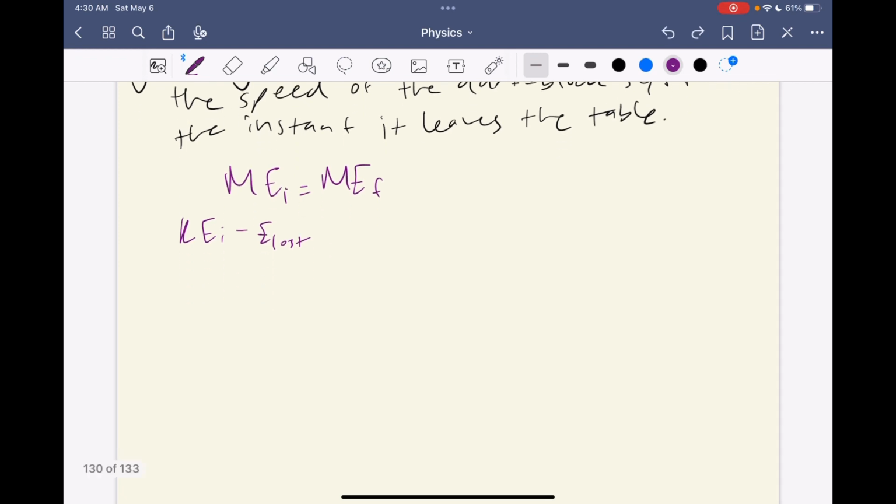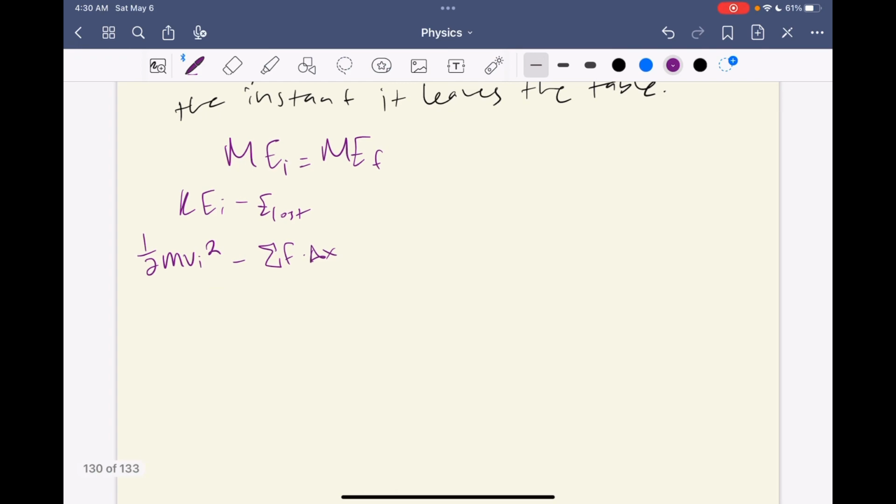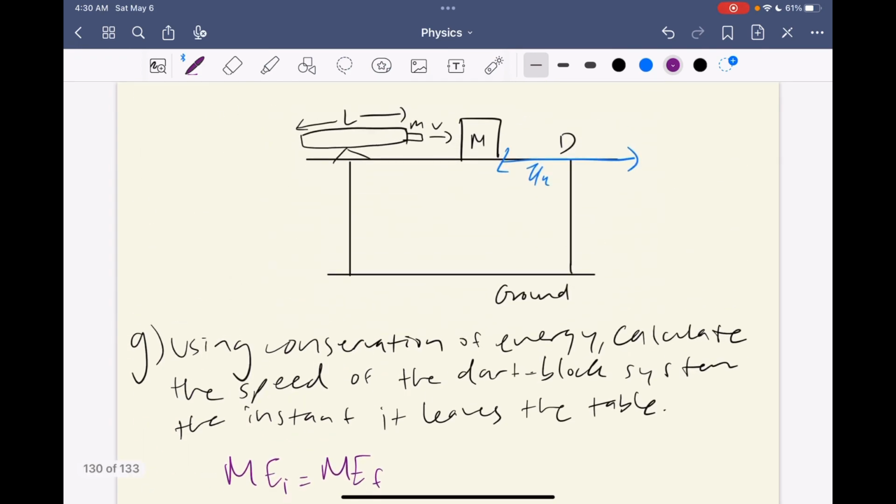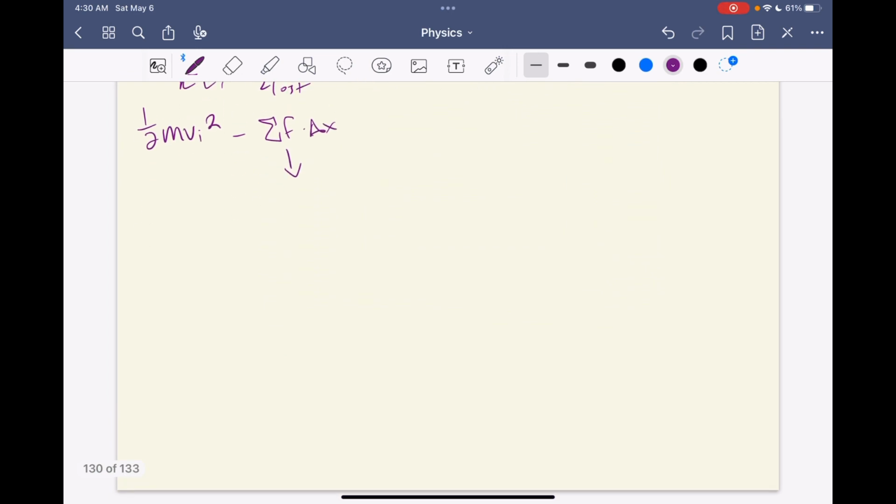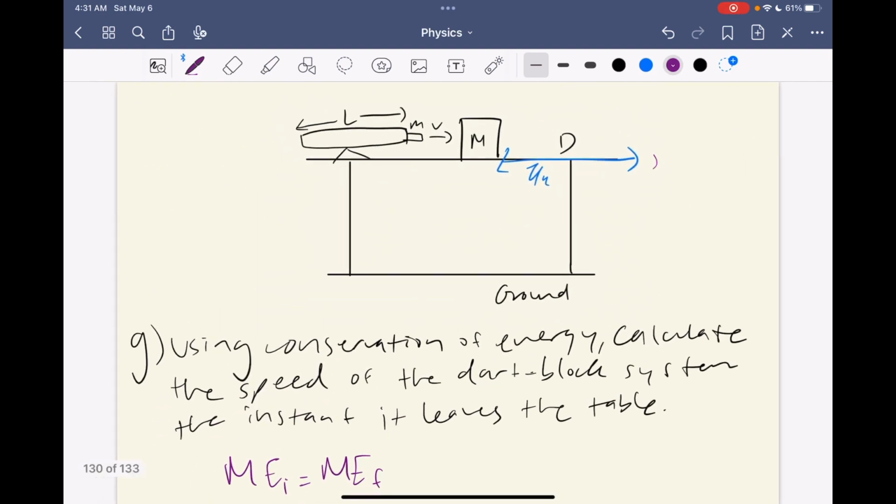So KEi is 1/2 mv squared minus loss, which is the work done by friction. So that's net force F times delta x. For the net force of the dart block system, it's just Fk, because that's the only force acting on it.